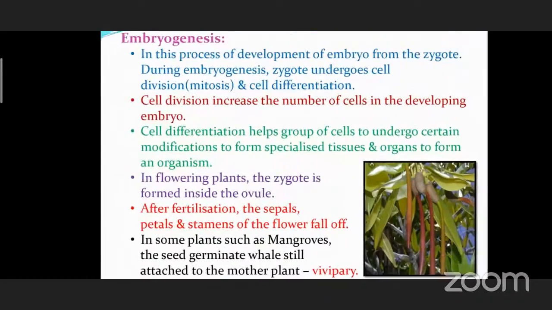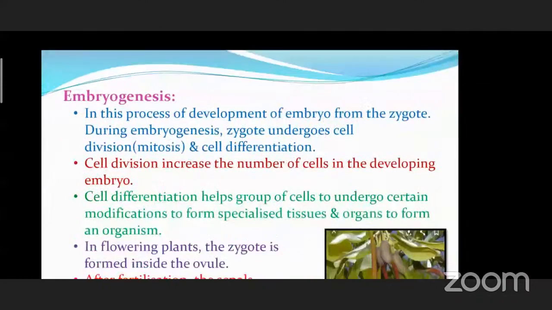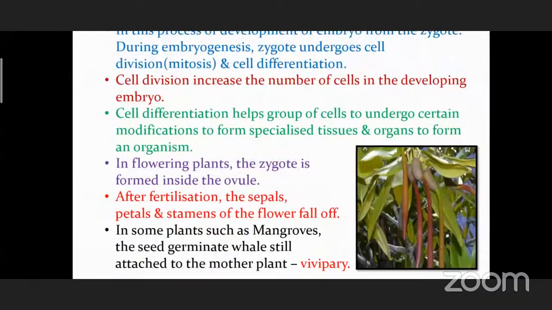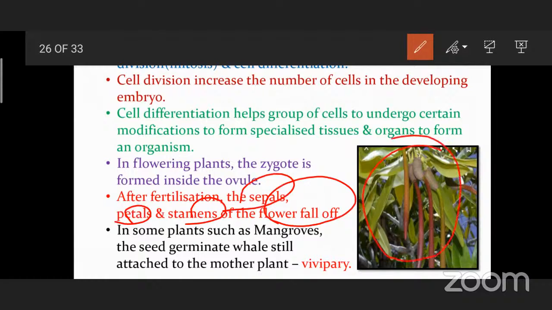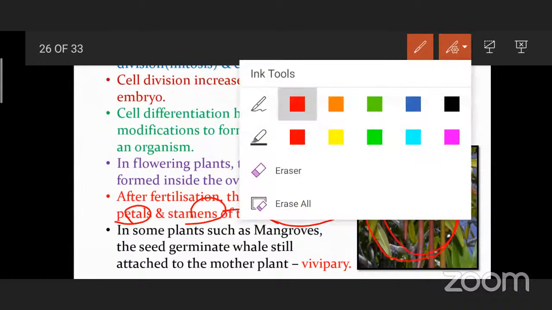In flowering plants, the zygote is formed inside the ovule. After fertilization, the sepals, petals and stamens fall off. In some plants, for example mangroves, the seed germinates while still attached to the mother plant.